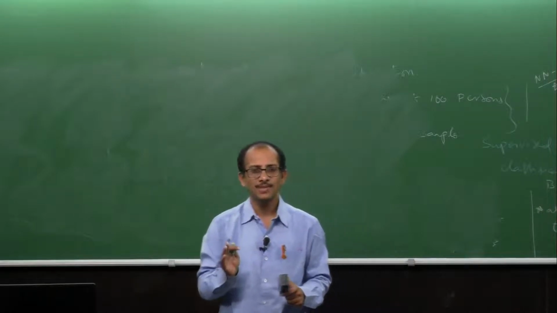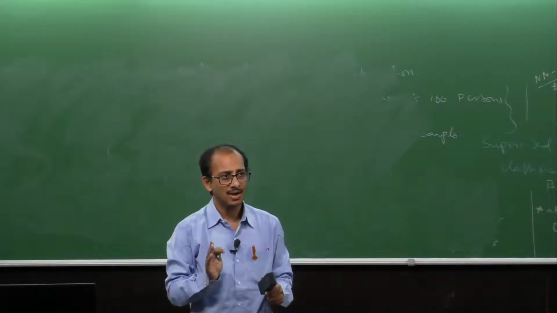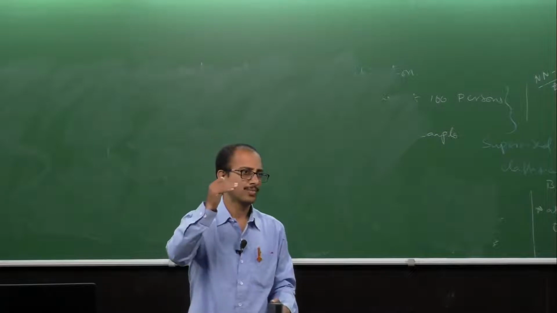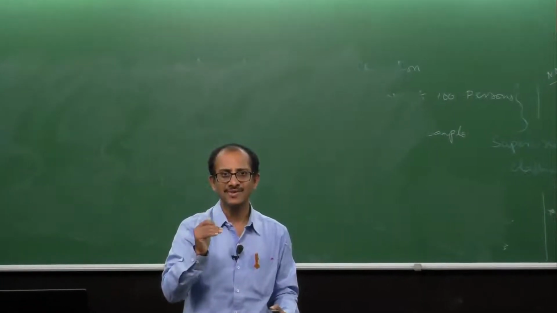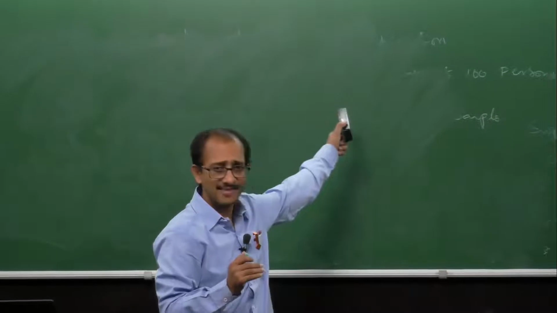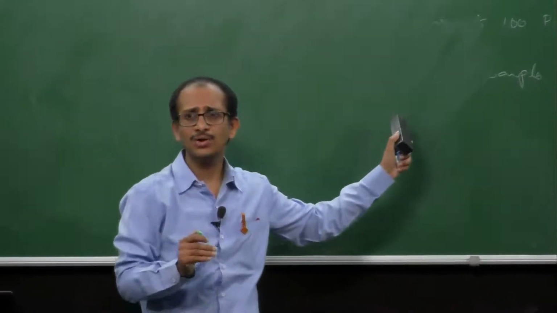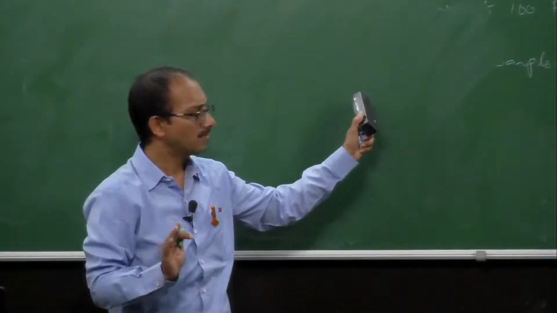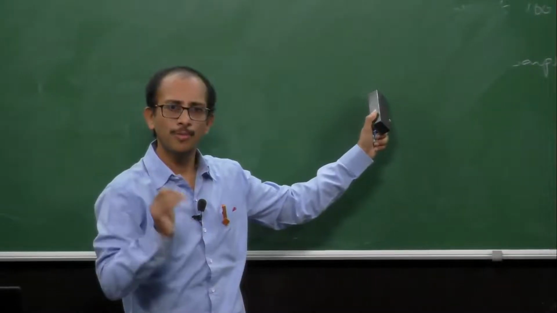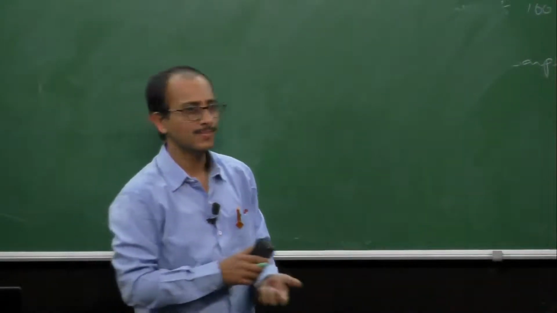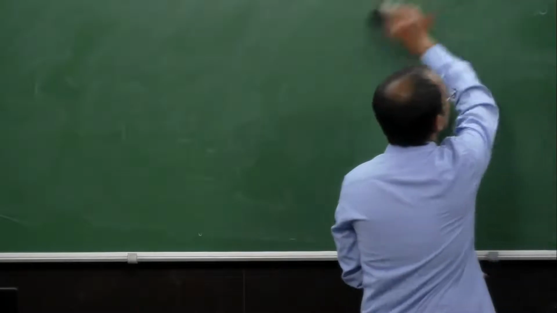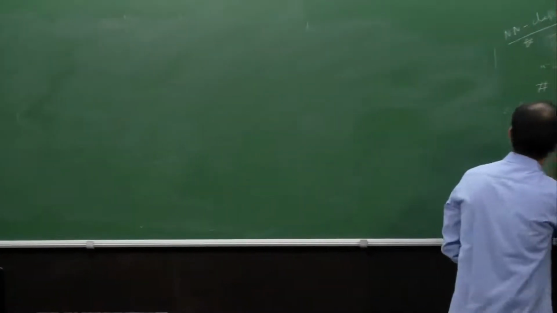But the context here is that we are in the supervised classification setting. We have a good number of training samples, and we have some test samples to be put into one of the categories. Let's start with an understanding of the biological neuron a bit, and then move on to the mathematical model.